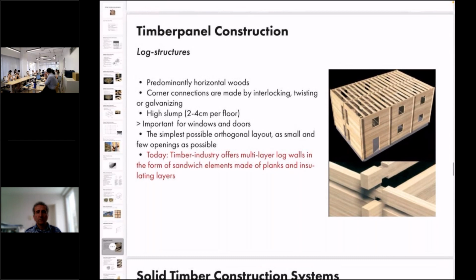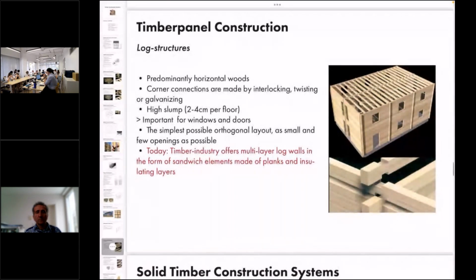So the log structures, they are also historical, I would say, especially here in the Alps region. And it is a construction predominantly from horizontal woods. As you can see in the image, those pieces are connected together by interlocking.